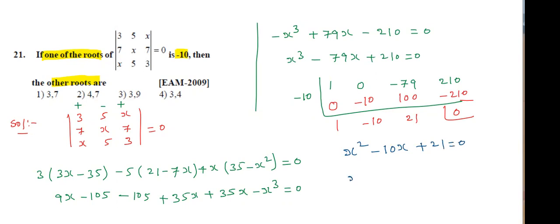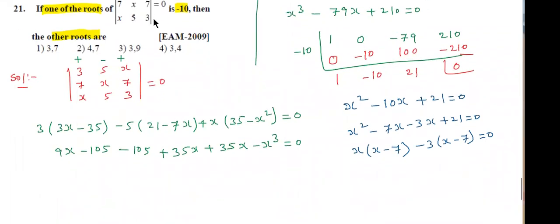Split into factors: x square minus 7x minus 3x plus 21 is equal to 0. Here x common, we get x minus 7, minus 3 common, x minus 7 equal to 0. Next, x minus 3 into x minus 7 is equal to 0.